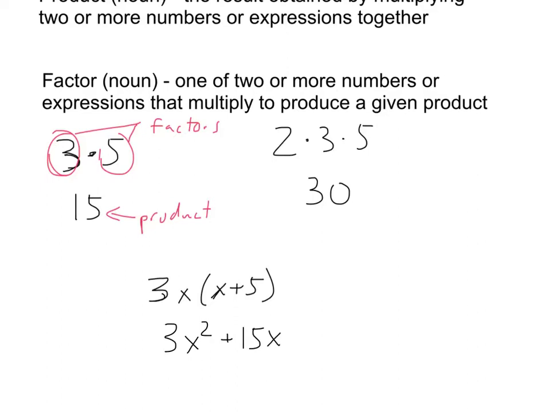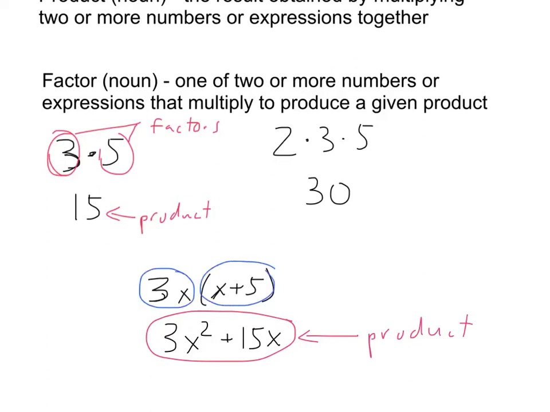And again, the math here is not hard, but I really want to emphasize the vocabulary. So this part here, this answer, that is the product. And this and this, these are what we call the factors. The factors are the numbers or expressions that we use to multiply to get the answer, and the answer is called the product.